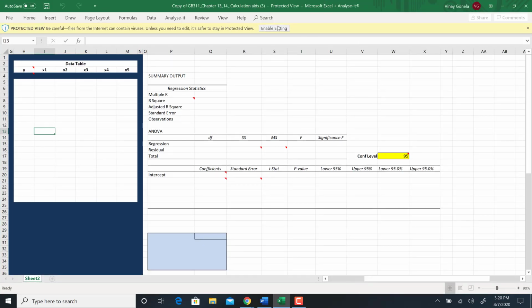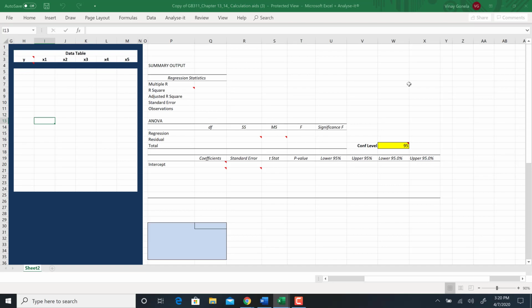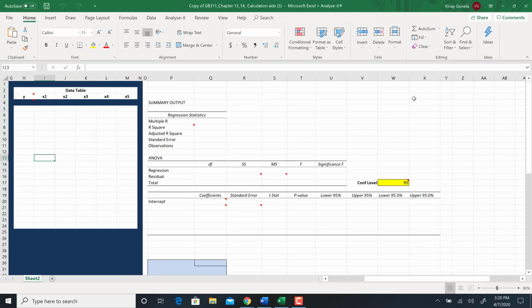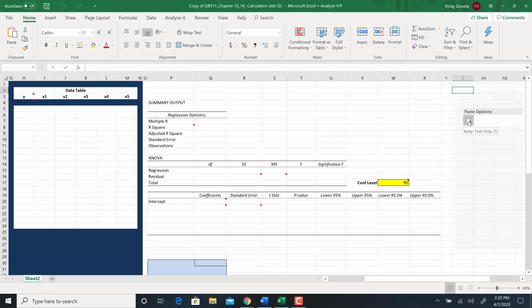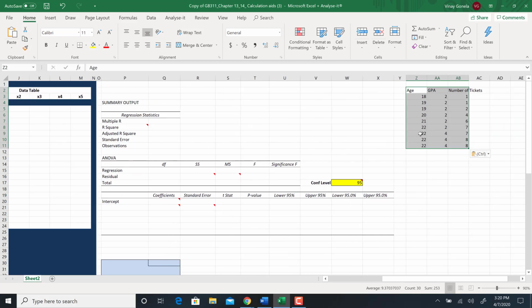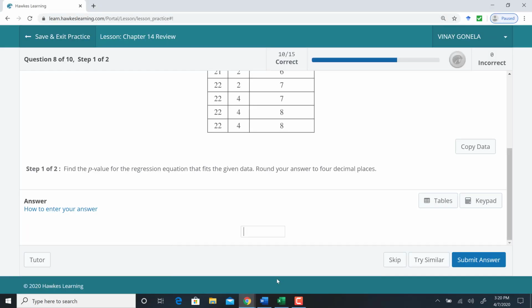So this is our calculation aids. I will copy this data somewhere here and paste it. So here is our data. Let me cross check whether everything got copied or not.